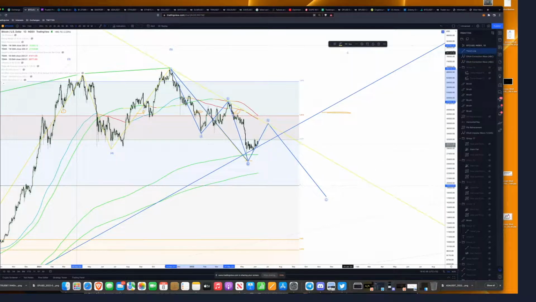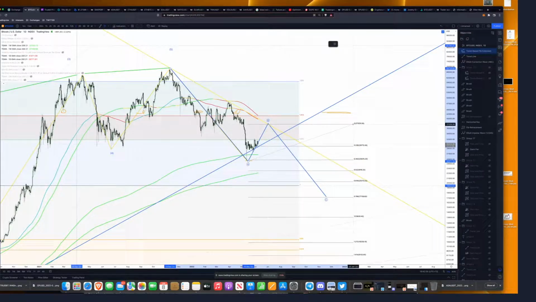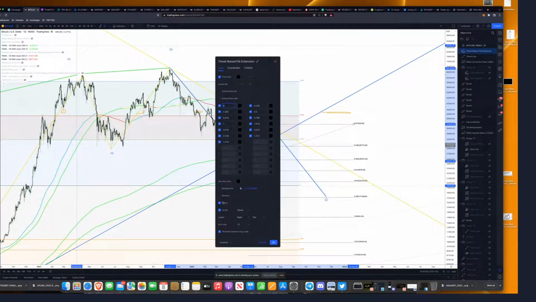Just do a different color. And now we can get rid of this one because we don't need it at the moment. Now, if that's our bigger picture, what we can do is get the Fibonacci, swing high, swing low, swing high. Now, if that's where we find the reversal to the downside, we're going to have a better chance of finding the target.